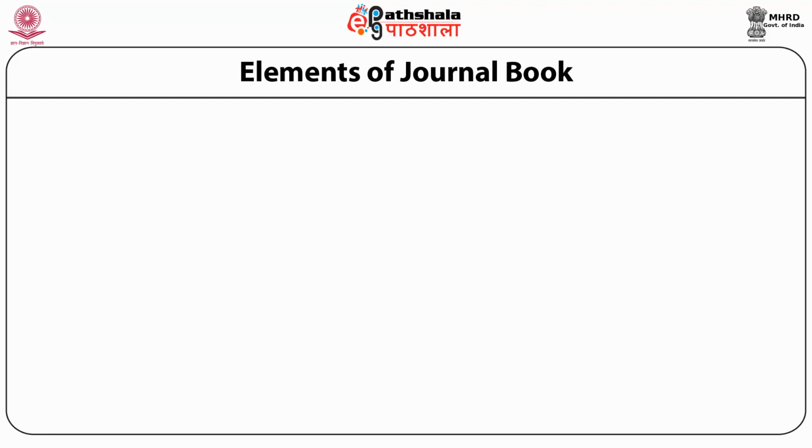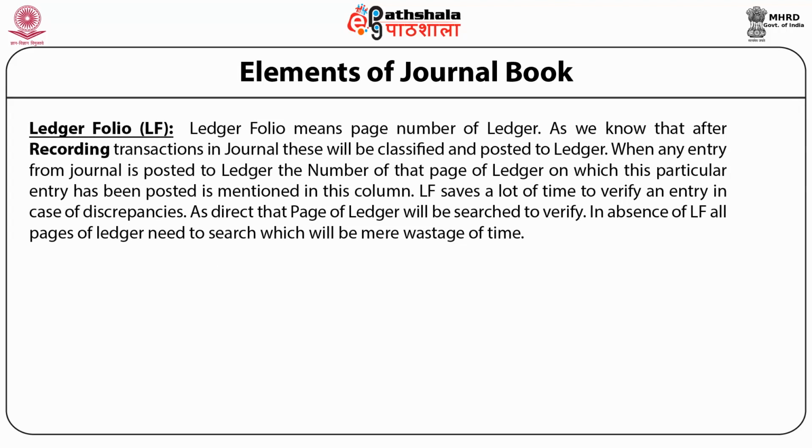The next column after the particulars is LF, that is called the ledger folio. Ledger folio means the page number of the ledger. As we know, after recording the transaction in the journal, these transactions are classified and posted to the ledger. When any entry from the journal is posted to the ledger, the number of that page of the ledger on which this particular entry has been posted is mentioned in this column.